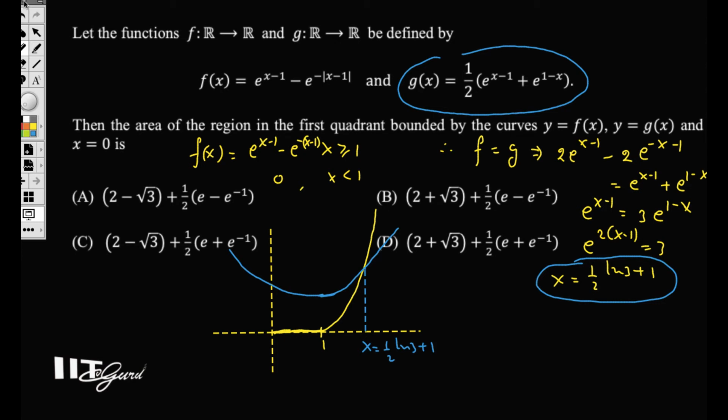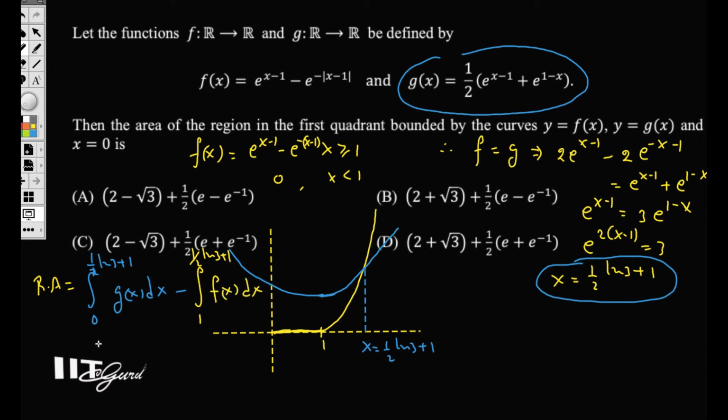The required area is the integral from 0 to half ln 3 plus 1 of gx, minus, for the yellow graph fx above the x-axis, the integral from 1 to the same limit, half of ln 3 plus 1, of fx dx.